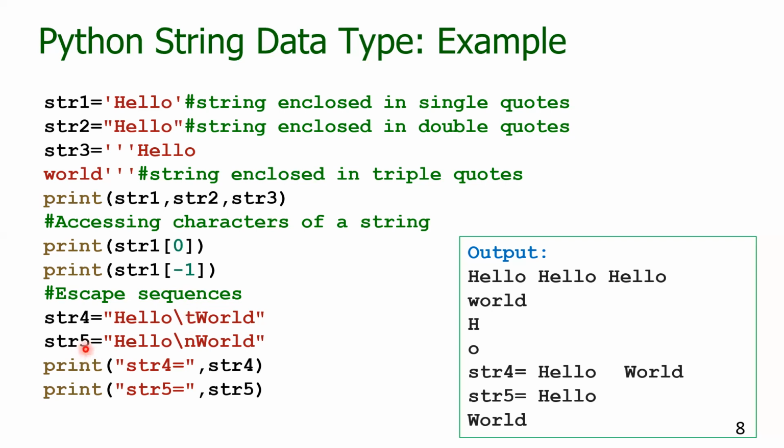Similarly, str5 is also assigned with hello world, but these two words are separated by a new line character. So when we try to print the values of str4 and str5, you can see str4, the hello world, where each of these two words are separated by a tab space. And str5, these two words are separated by a new line character. That means the second word is printed in the second line, next line.